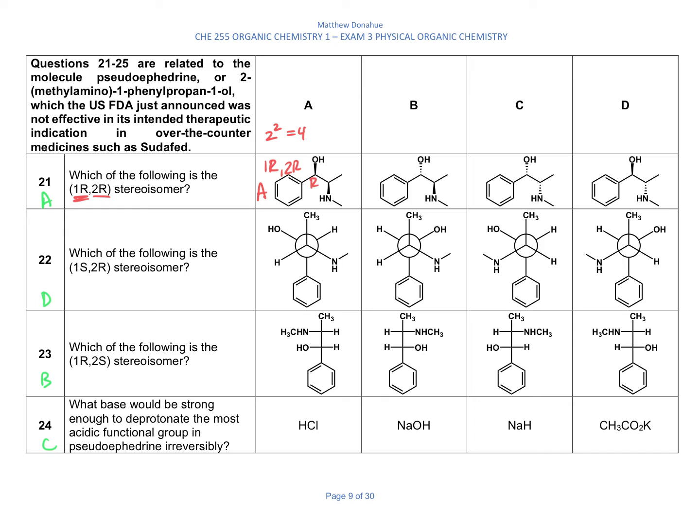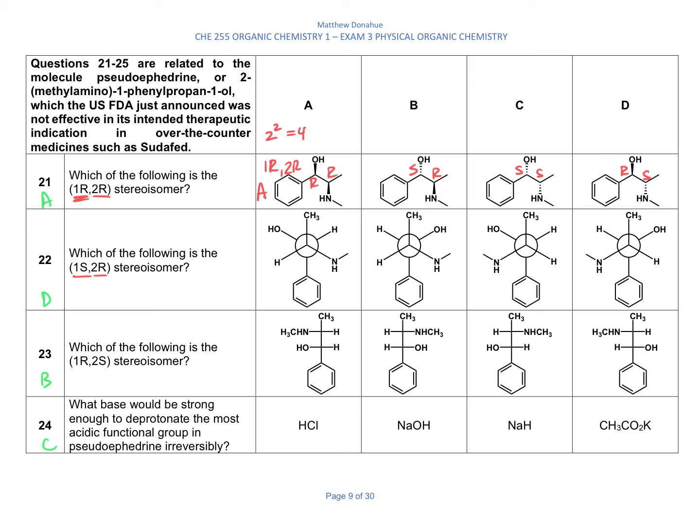We said this was R, that's R. So this is S, that's R, this is SS, and this is RS. And so that's going to help us with these next ones, because we're looking at now a Newman projection and then a Fischer projection. So this one's asking us 1S, 2R.